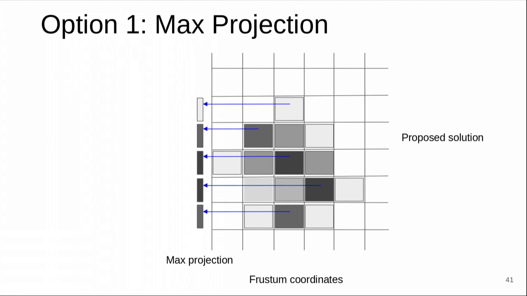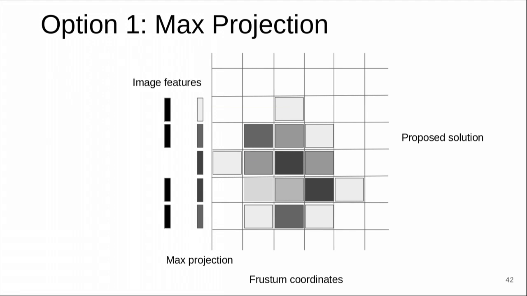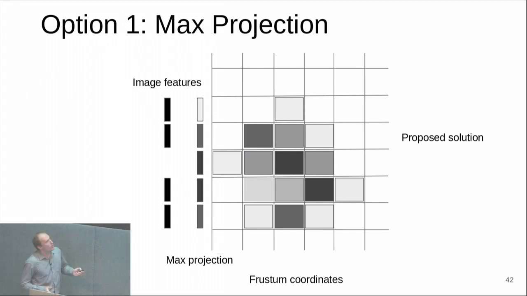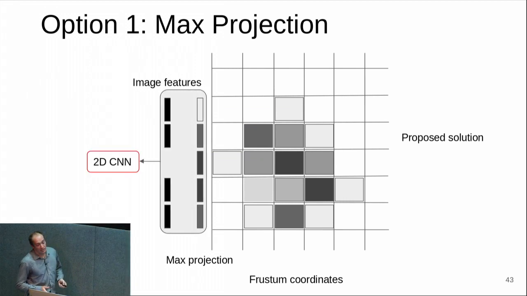If we take that and compare it to some image features, for illustrative purposes let's pretend we've got a silhouette, so some pixels are black, some pixels are white, then we can plug these into one CNN and get some learned energy function.